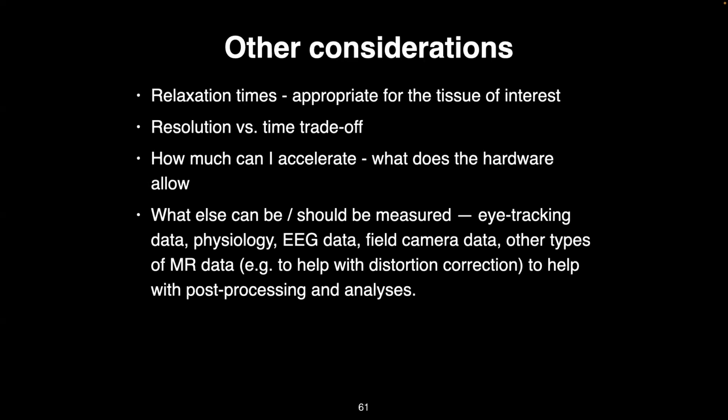We also want to think about whether relaxation times are important for you. If you're looking at particular species, maybe if you're doing spectroscopy experiments, or you have to look at specific metabolites, maybe you're more sensitive, things like that.